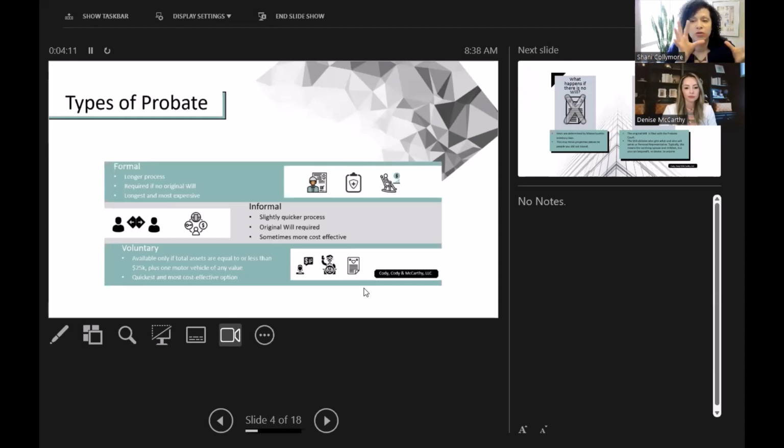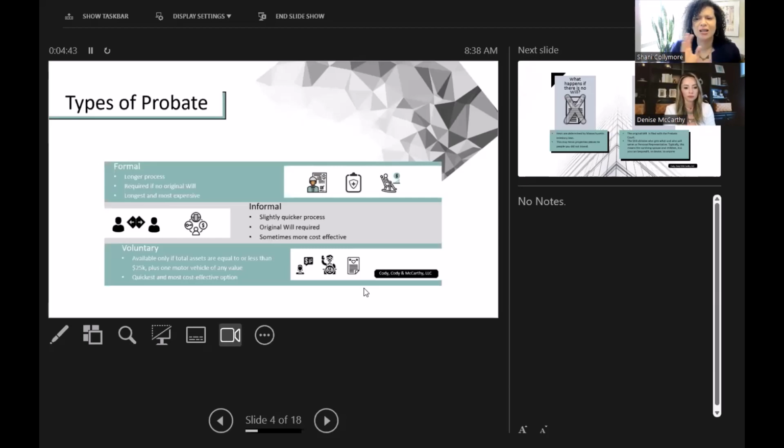If you do these instructions, the court will follow them as long as your will is valid. If you didn't do a will, the court has statutory rules that govern who gets your property and who will serve as your personal representative. So by doing the will, you get the power to decide who those people are. If you don't do a will, the state basically decides. That's the big difference there.